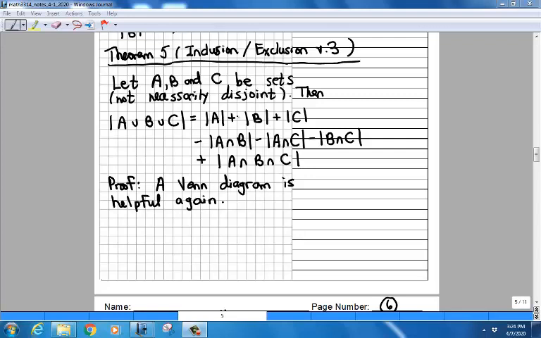And so what inclusion, exclusion says about the cardinality of the union of these 3 sets is as follows, okay? To find this cardinality, just take the sum of the cardinalities of the 3 individual sets, right? So you're going to add up the size of the 3 individual sets. But when you do that, as we'll see when we demonstrate why this theorem is correct, you're going to be overcounting elements in the union.